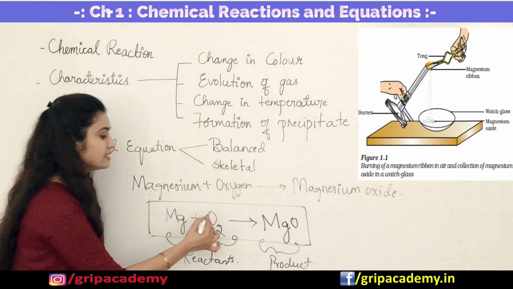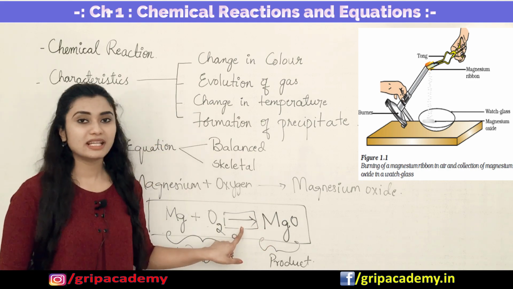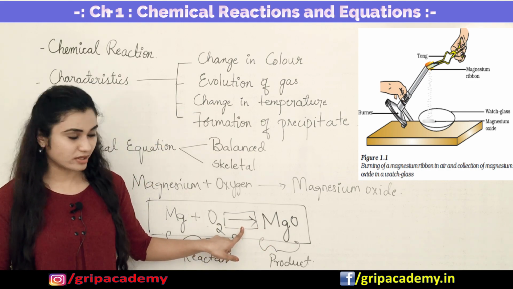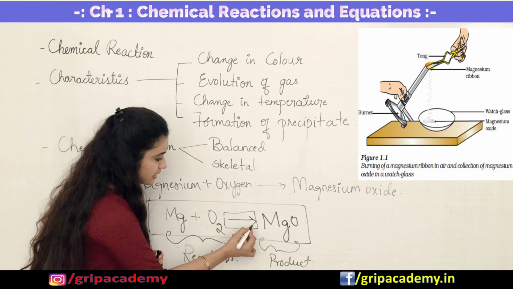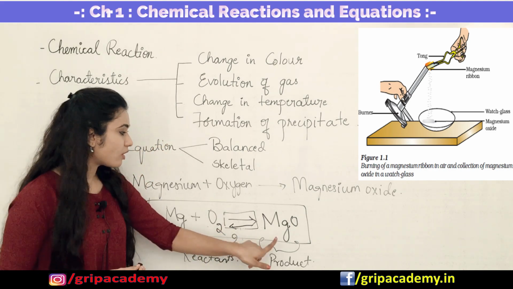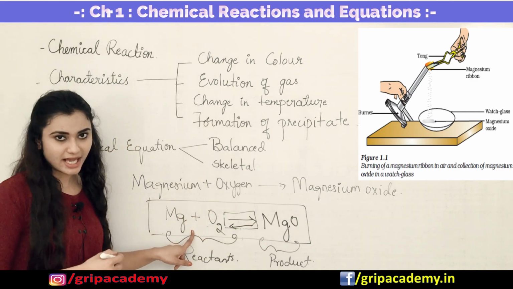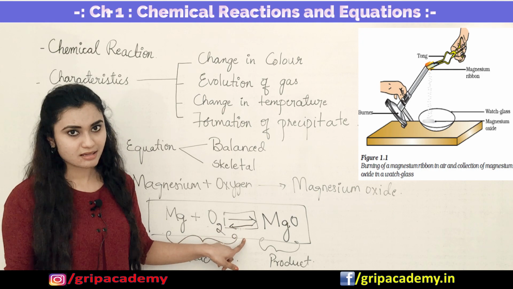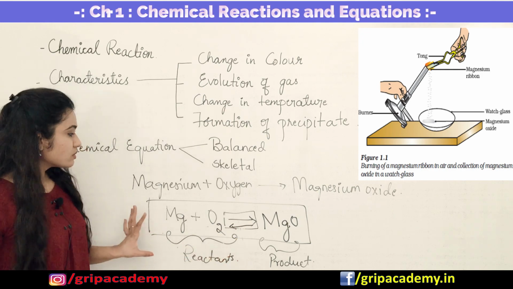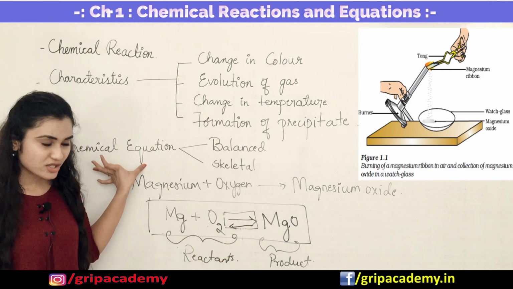And this arrow mark indicates the direction of the reaction, that it is a forward reaction. If I write an arrow mark in the other direction, it means the products are going to convert into reactants upon getting some conditions, which I will discuss later. So this is all about the chemical equation.